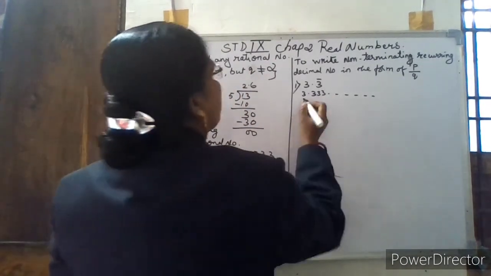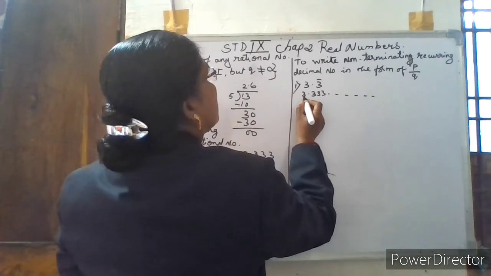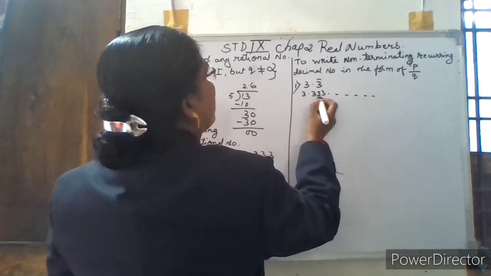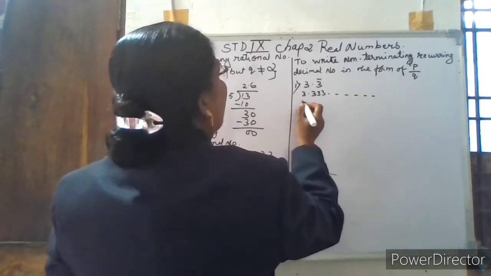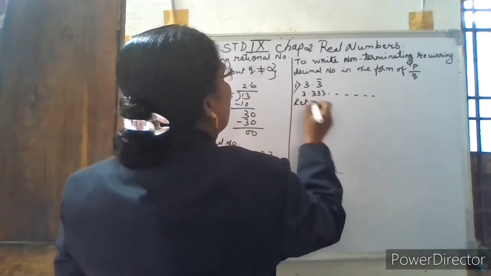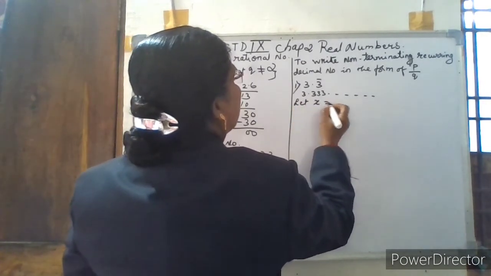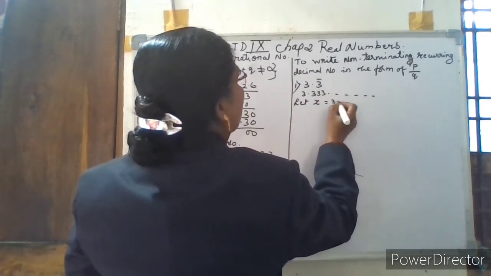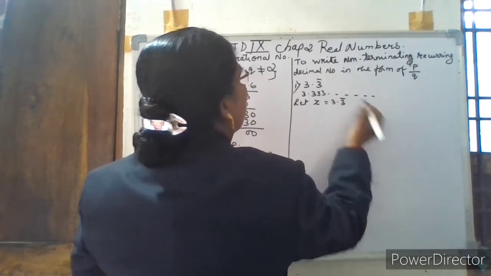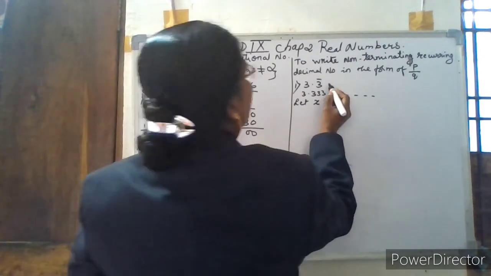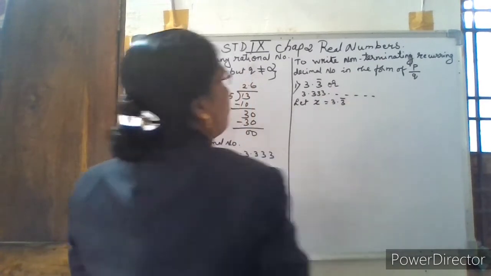Let us name it x is equal to 3.3 bar, or it can be written as 3 bar.